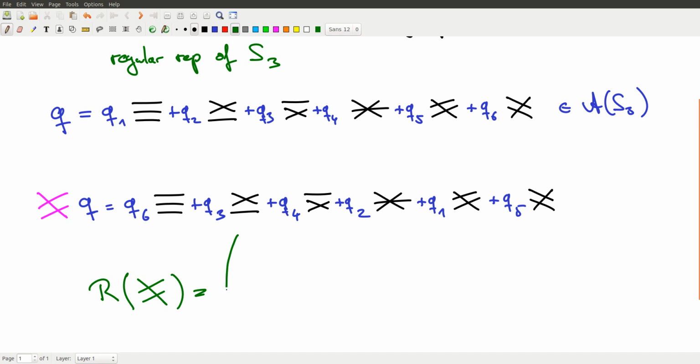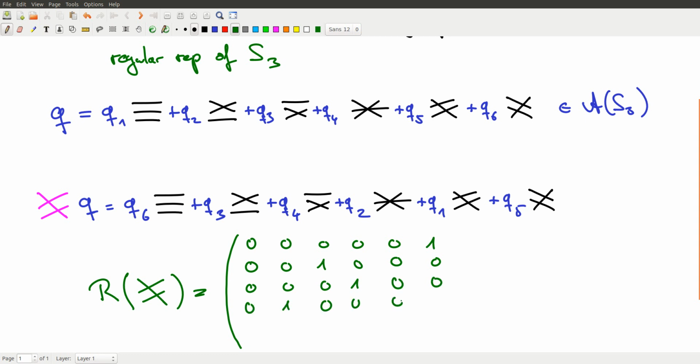So this is now a 6 by 6 matrix, and we see in the first position we got the 6th entry, so 1, 2, 3, 4, 5, 6. Then in the second position we got the 3rd entry, 1, 2, 3. In the 3rd we got the 4th, 1, 2, 3, 4. In the 5th we got the 2nd, 1, 2, and some zeros.